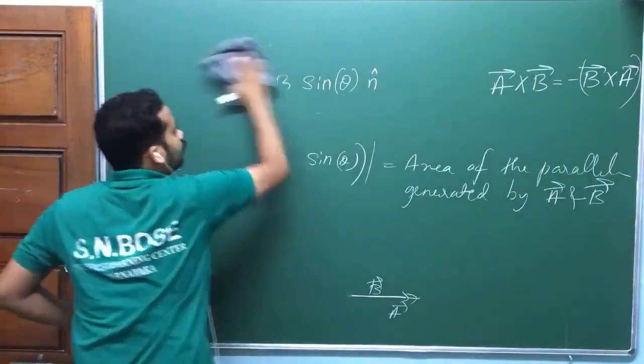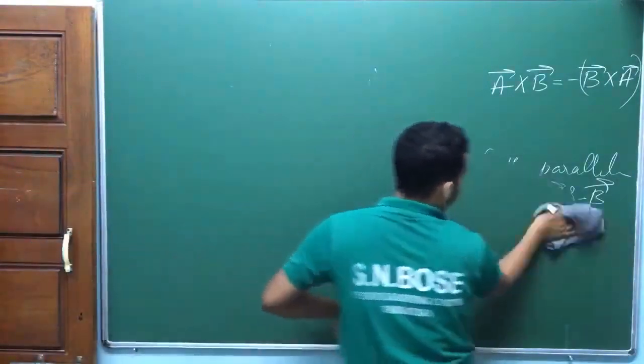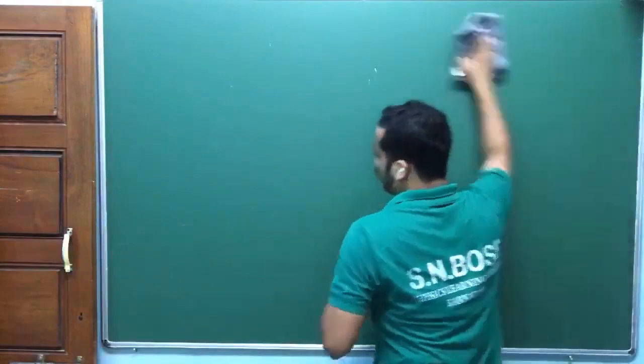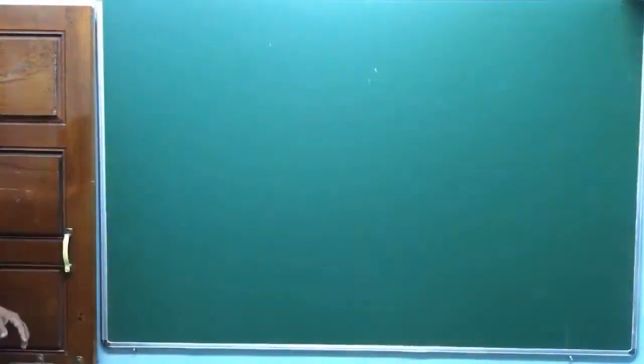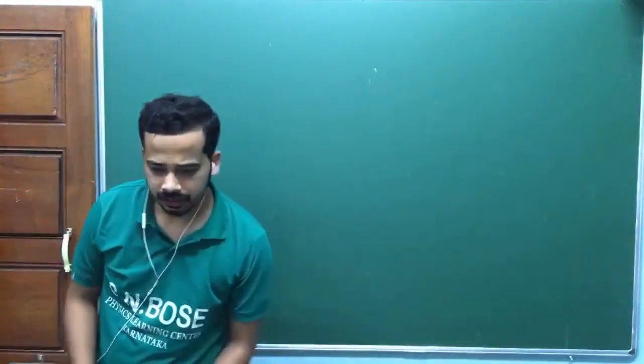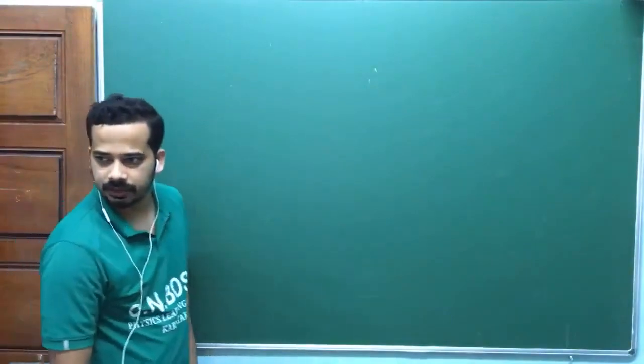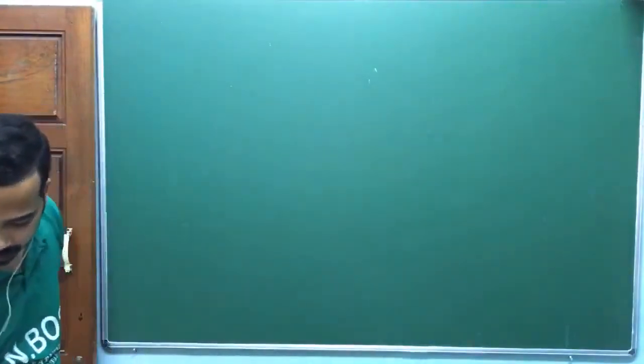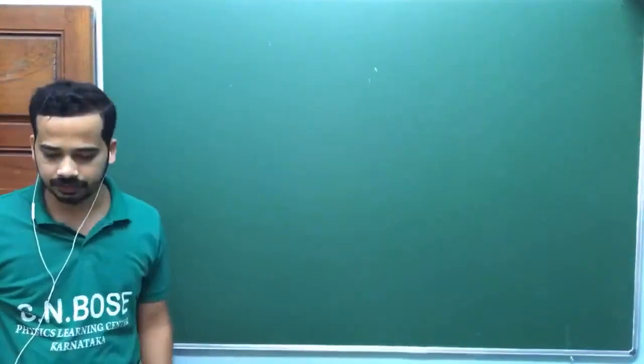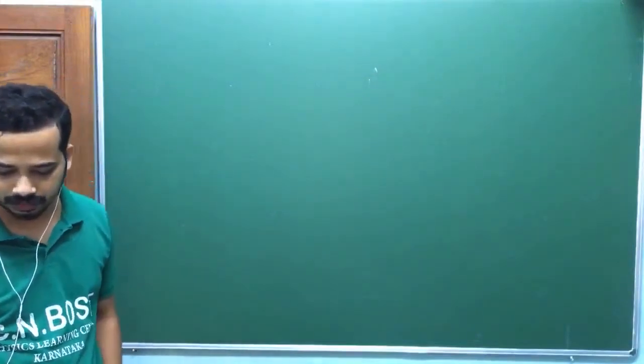Now, until now we have taken vectors without any reference of coordinate system, am I right? We haven't taken any coordinate system. Now we shall start taking one origin and coordinate axes x, y, z, and we shall define vectors using that.